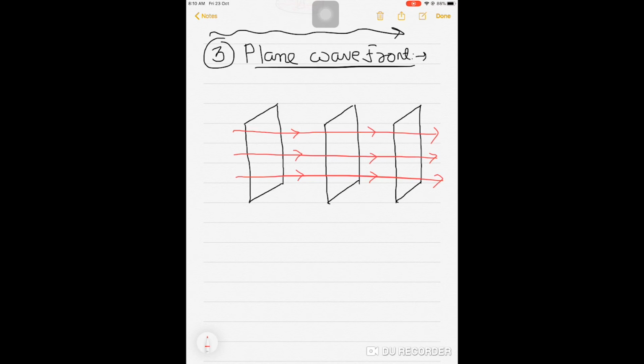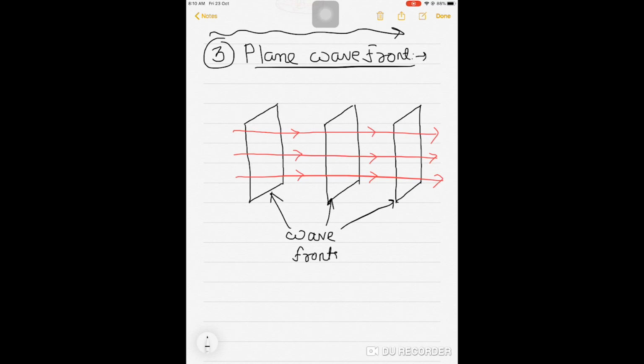That shows the nature of ray, while when we connect them together they will form a plane. That plane is considered as wavefront. So, locus of the particles in the same phase at any instant of time are wavefronts.